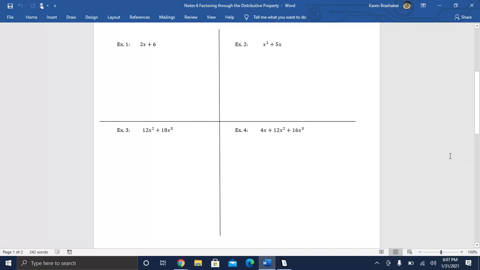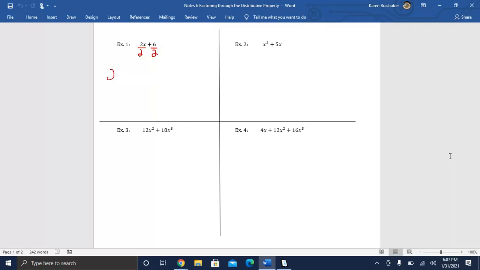So we have two terms. I'm going to show this as dividing. I've been asked to factor this, so I have to think of a number that would divide into both the 2 and the 6. And that number is going to be a 2.